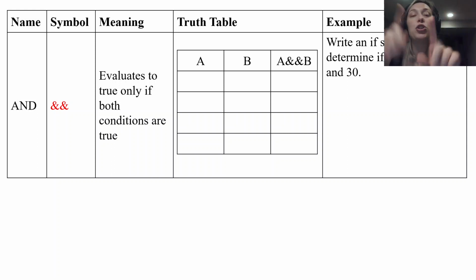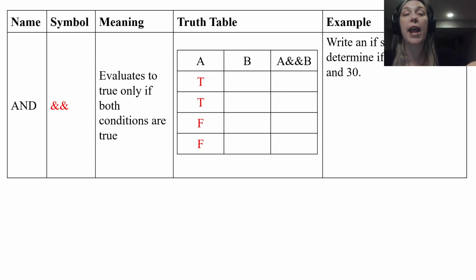You have two columns of just regular variables, A and B, and you go through all of the different combinations of what A and B can be. And remember, A and B are Booleans, so they can only evaluate to true or false. And you look at all the different combinations of true false you might get with A and B. And then in that third column, you have your Boolean operator. Okay? So here's what it looks like.